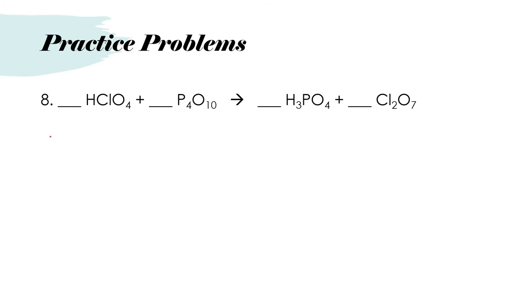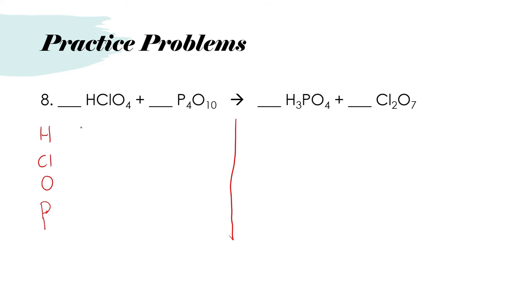Number 8, we've got hydrogen. We've got Cl. We've got lots of oxygen. And then we've got phosphorus. Now, this one looks a little bit opposite of the last one, exceedingly brutal.